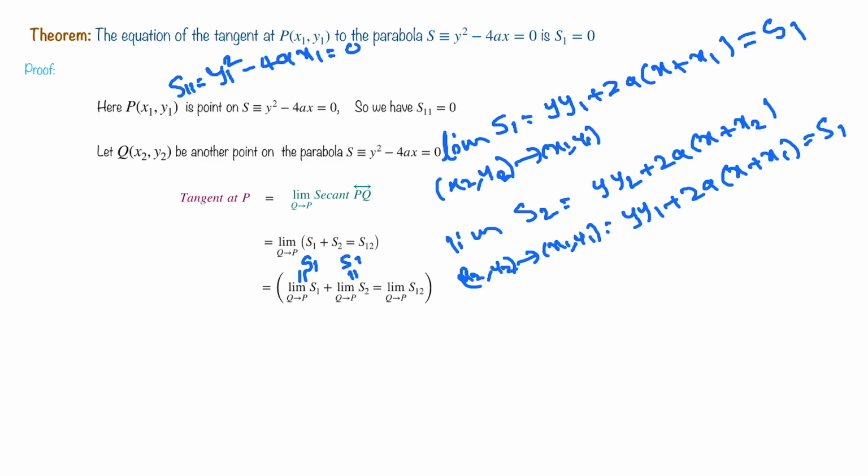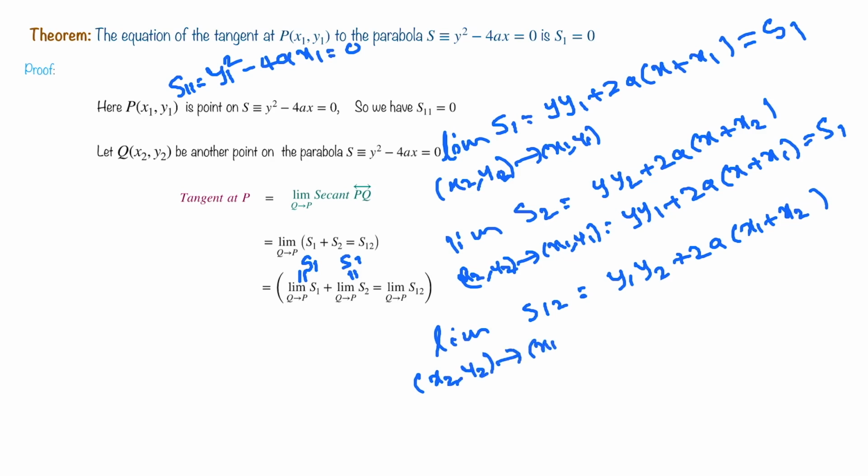Next, what is S12? S12 is y1 y2 plus 2a times (x1 plus x2). Now if you let Q tend to P, (x2, y2) tends to (x1, y1). What happened to the right side expression here? x2 tends to x1, y2 tends to y1.